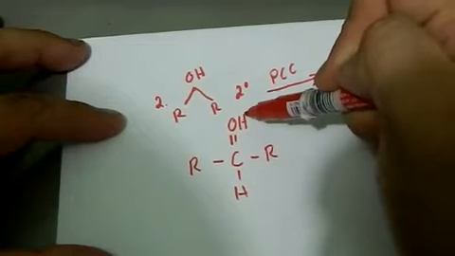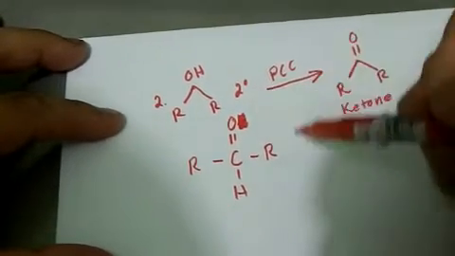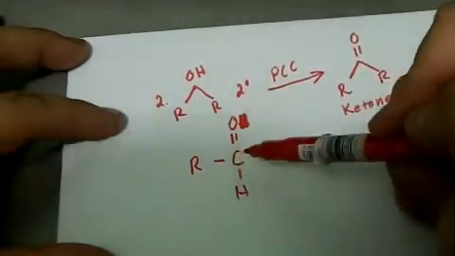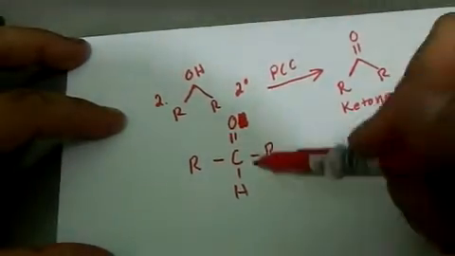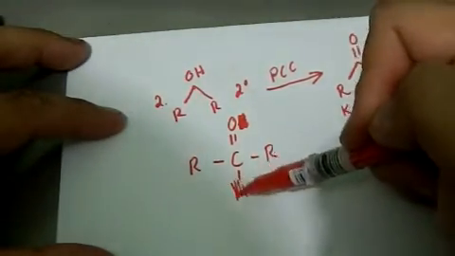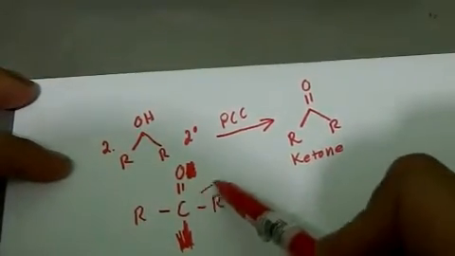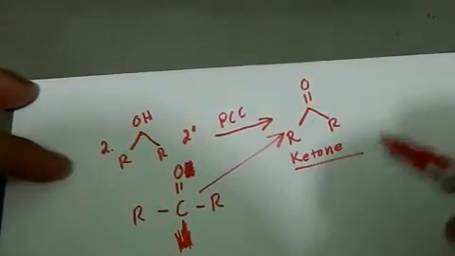And we have to lose an electron here, so we cancel this out. And this now has 5 bonds: 1, 2, 3, 4, 5. And we only need 4. So then we have to remove this. That leaves us with a structure that is similar to the results here, which gives us a ketone.